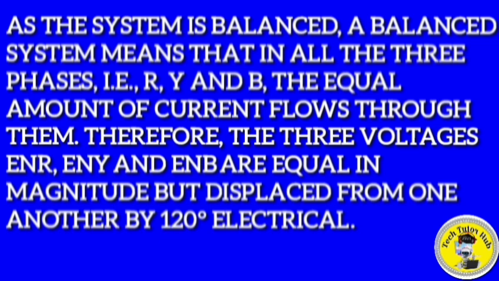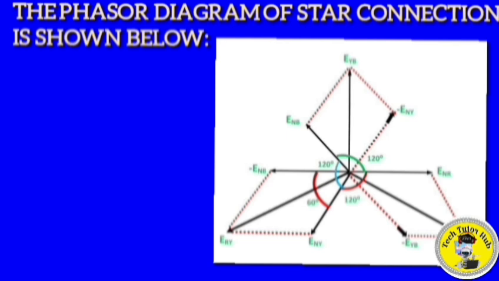Therefore, the three voltages ENR, ENY, and ENB are equal in magnitude but displaced from one another by 120 degrees electrical. The diagram of star connection is shown below.